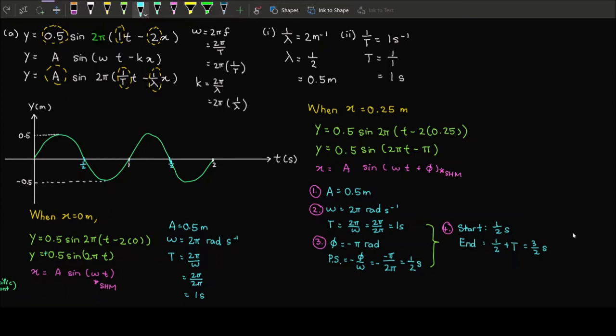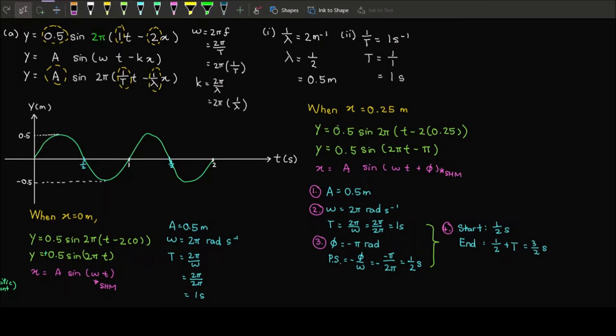What will I draw between this half and this 3/2? I will draw the shape indicated by my equation. My equation says it's a sine, so I will draw a sine graph between this start and the end.